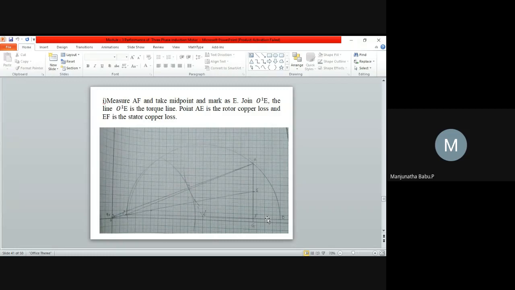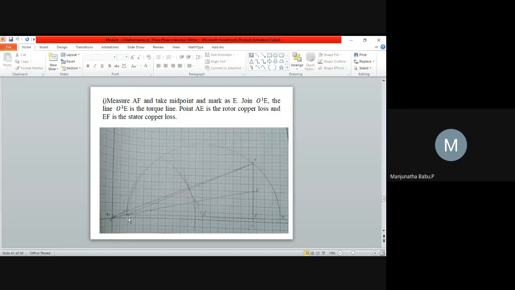What is the value of AF in centimeters? 8.23. Divide by 2, mark the midpoint here and mark that as E. That is 4.18, so mark that point.